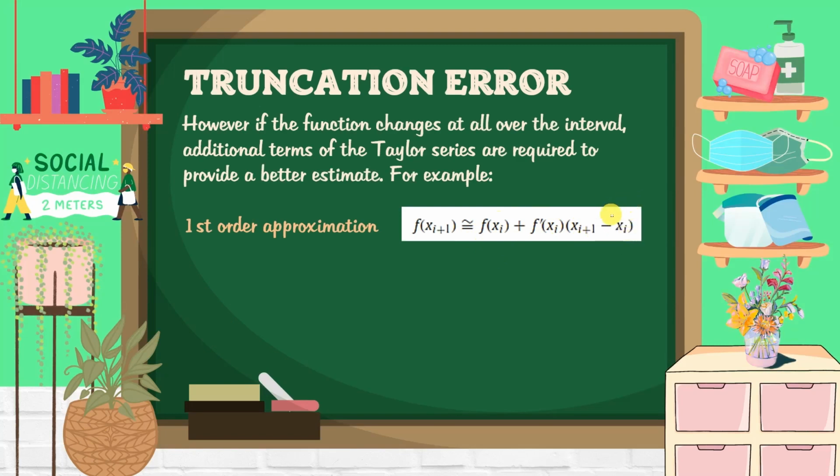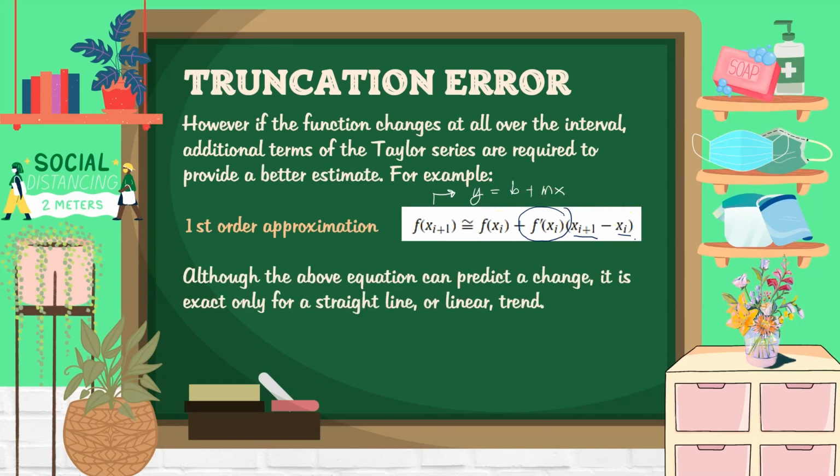The additional first order term consists of a slope, which is the first derivative of the function, multiplied by the distance between x_{i+1} and x_i. Thus, the expression is now in the form of a straight line and is capable of predicting an increase or decrease of the function between x_i and x_{i+1}. Recalling, this equation is simply similar to y equals b plus mx.